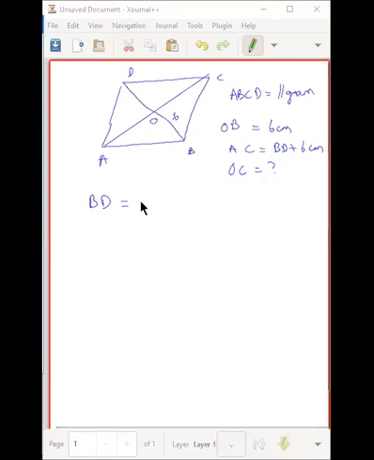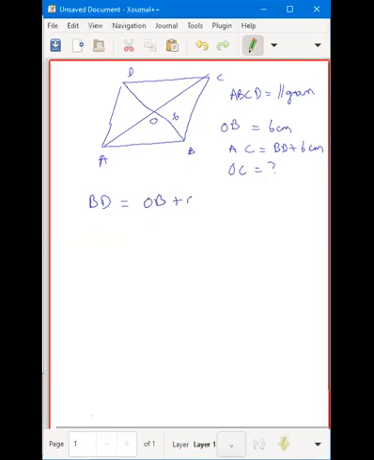Diagonals bisect each other. Yes. So BD will become OB plus OD, and OB and OD are equal. So that will become 6 plus 6, which is 12. So it will be 12.